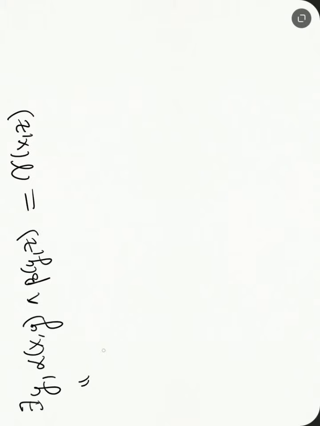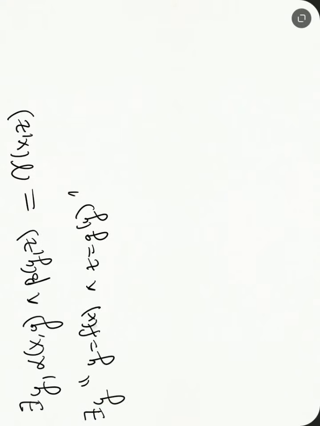This is saying that y is equal to f of x, and let's say z is equal to g of y. So that's what this formula is. There exists some y such that y is the output of this guy and z is the output of the next guy. That makes sense.